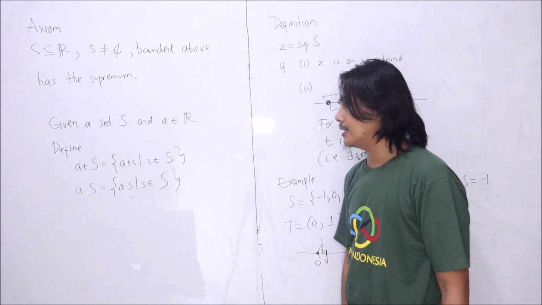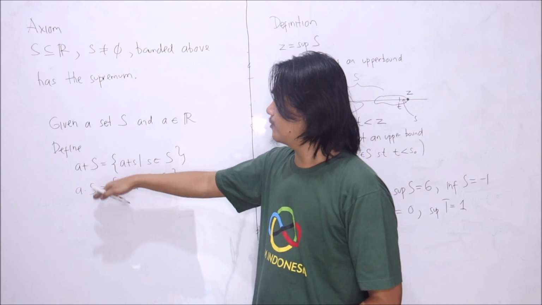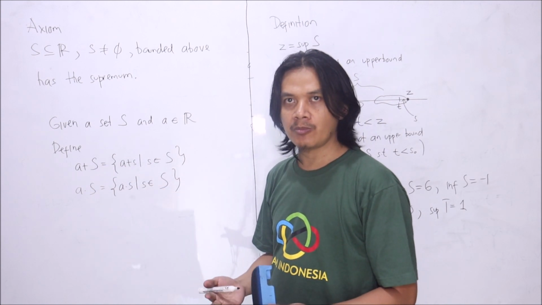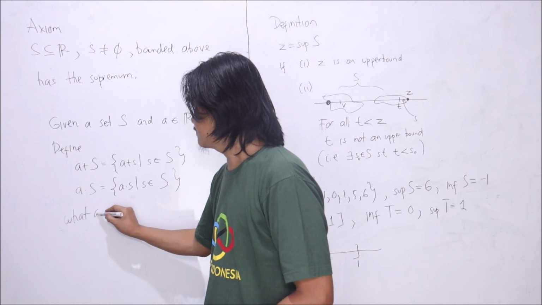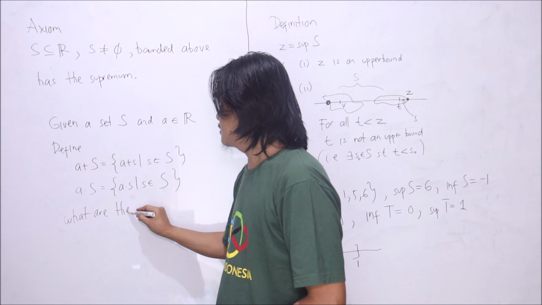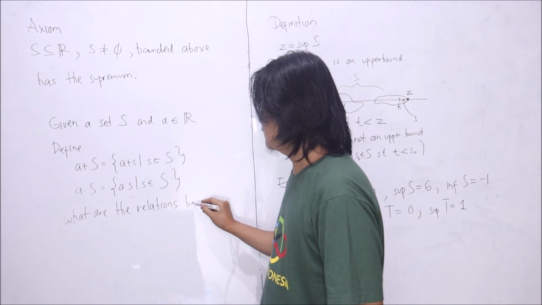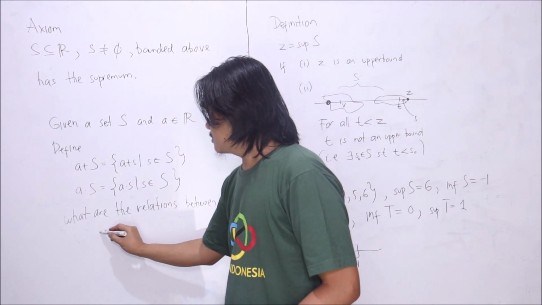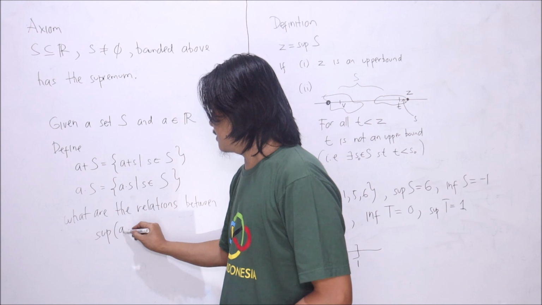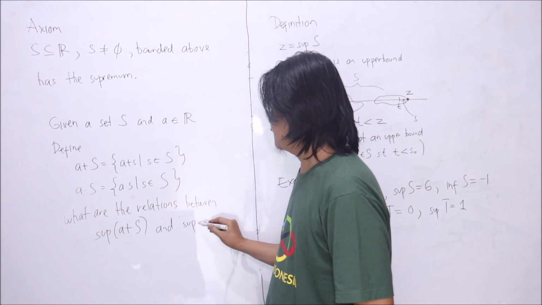So the question is: what is the relationship between the supremum of the following two sets and the supremum of S? So what are the relations between, say, sup of A plus S and sup S?